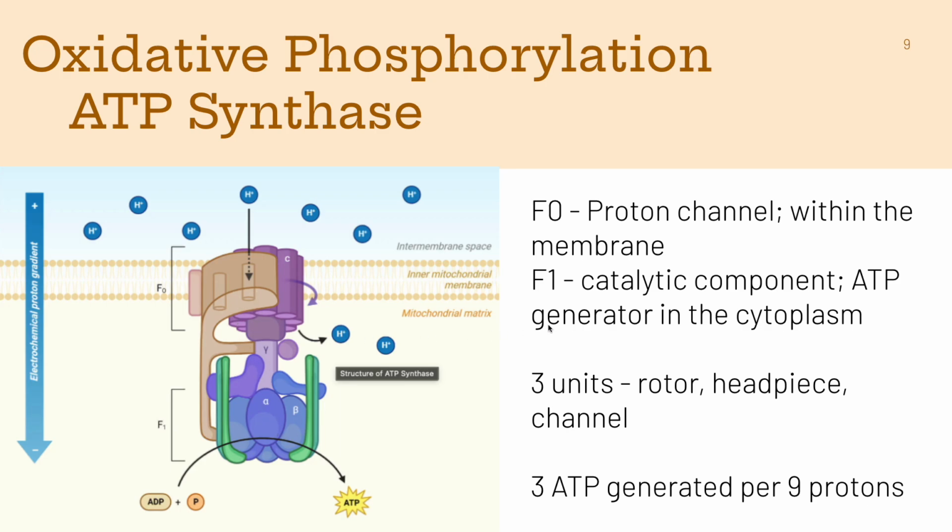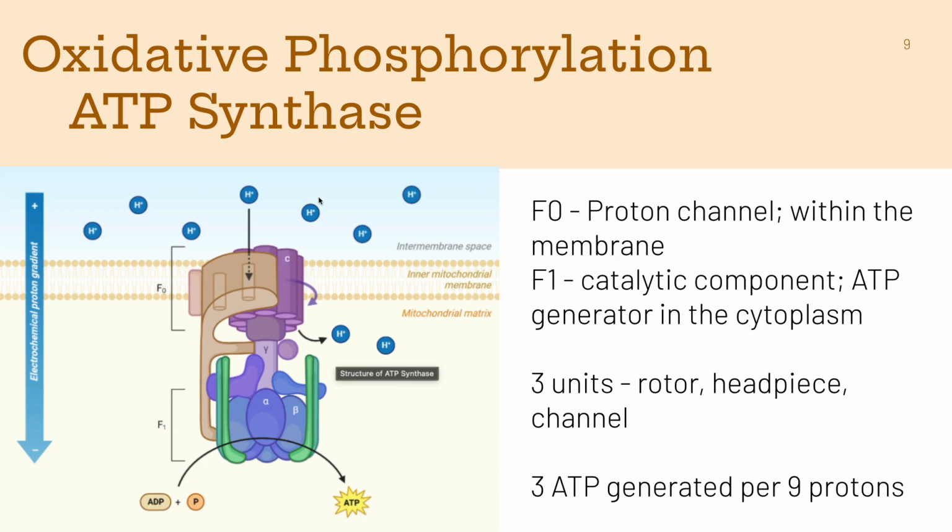Okay, and F1 is the catalytic component. It's where the ATP is generated and being released into the cytoplasm. So we have the rotor, the headpiece, and the channel. That rotor is going to rotate as protons enter and exit. The headpiece is where the ATP synthesis is actually occurring, and then the channel is, again, where those protons are entering and exiting.